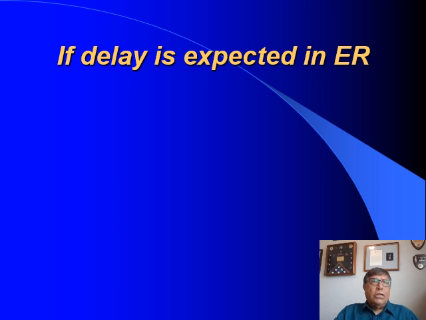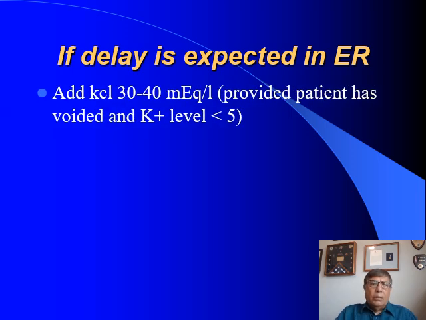If you see that a bed is not available in the PICU as yet, and the patient might stay in the emergency department longer than expected, then add potassium to the IV fluid, but this is usually done after the insulin drip.